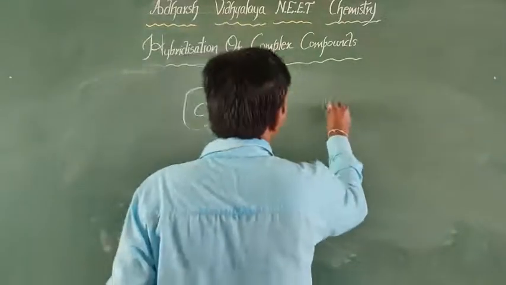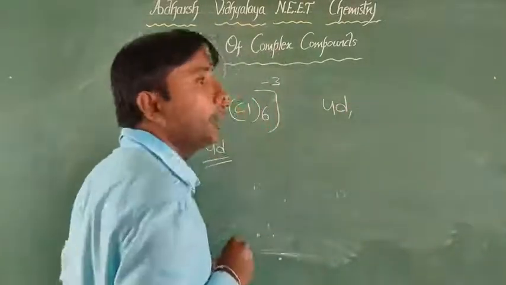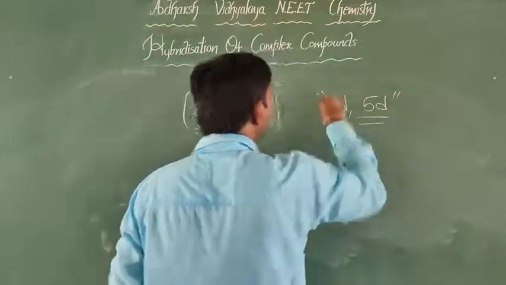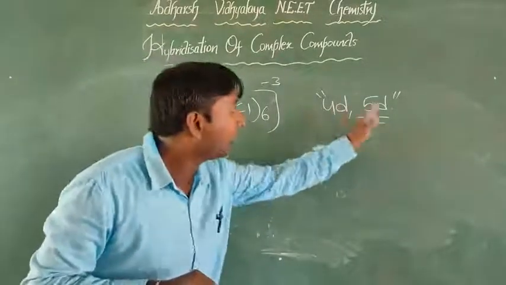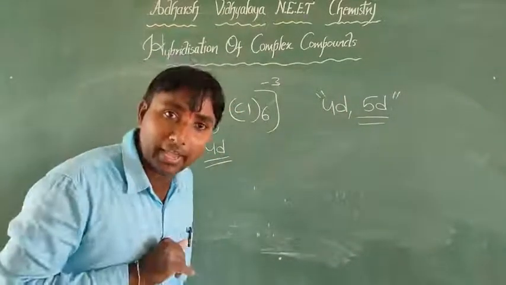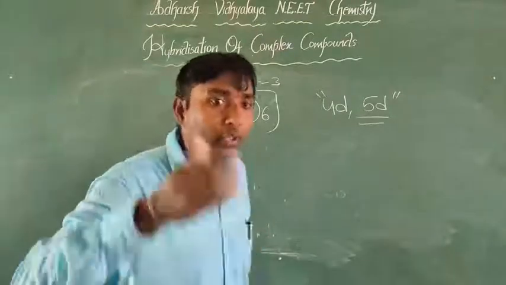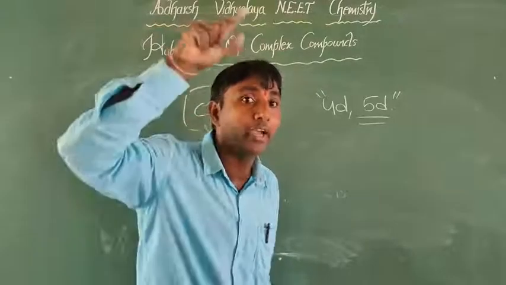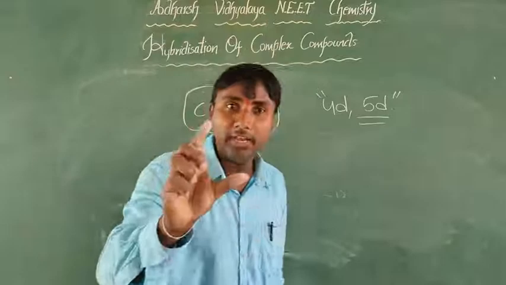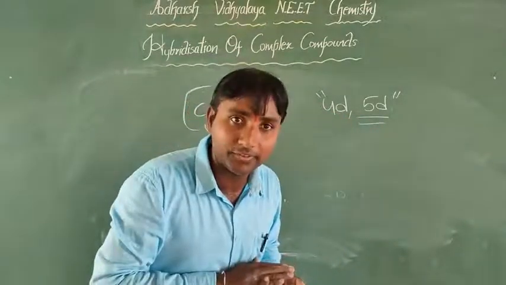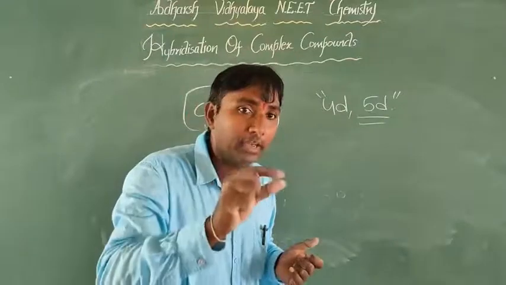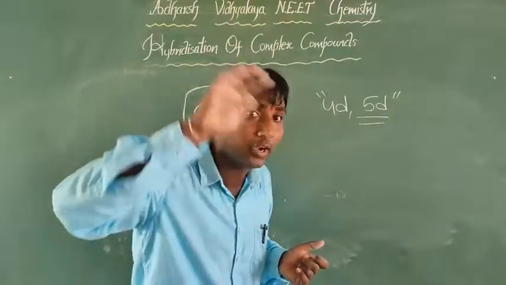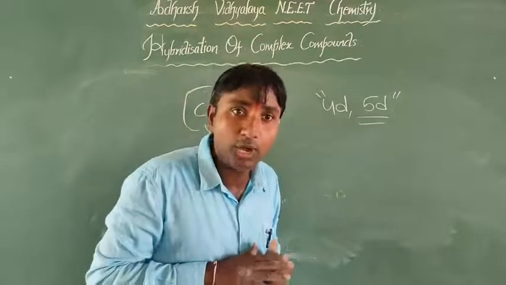In the case of complex compounds formed by 4d series and 5d series elements, electrons undergo pairing. Again listen. For 3d series elements, scandium to zinc, in the presence of a strong ligand electrons undergo pairing, and in the presence of a weak field ligand they follow Hund's rule and do not undergo pairing.